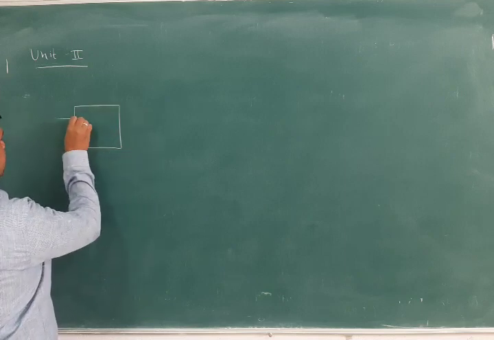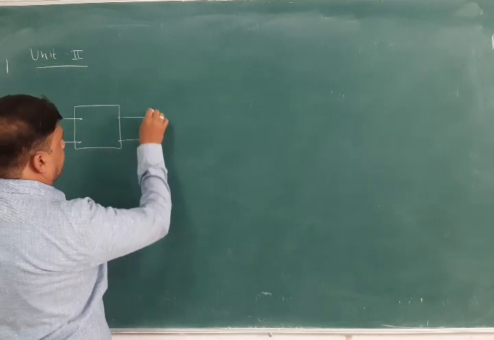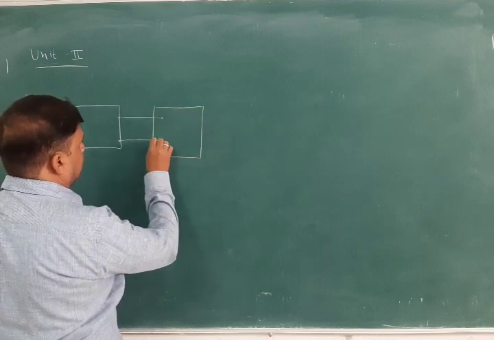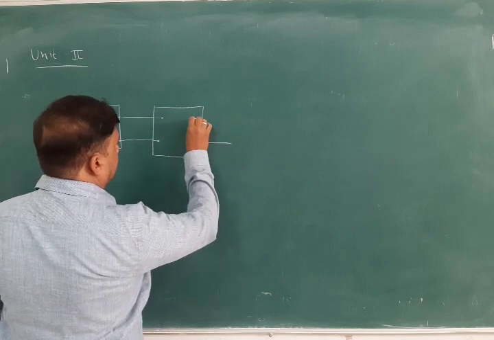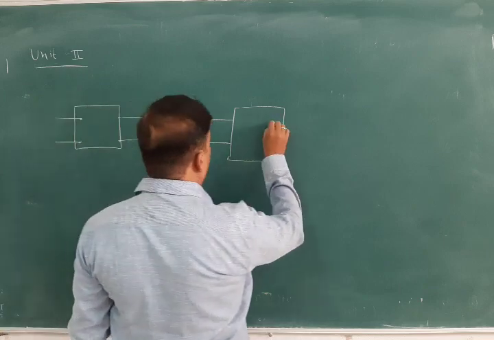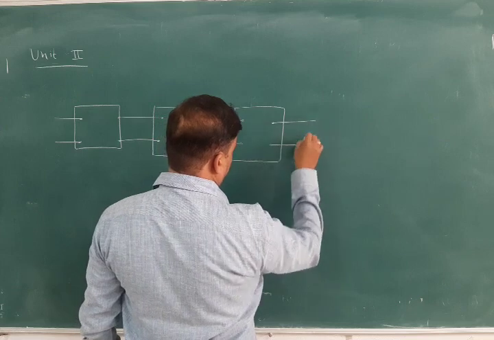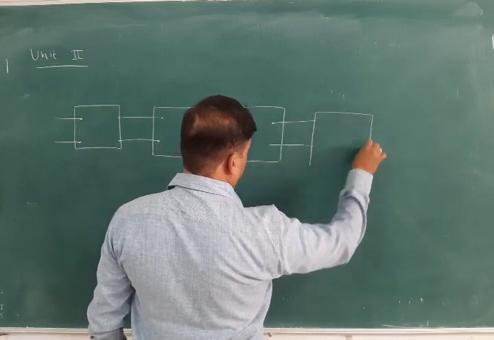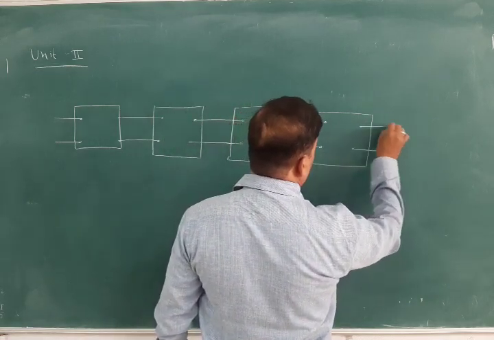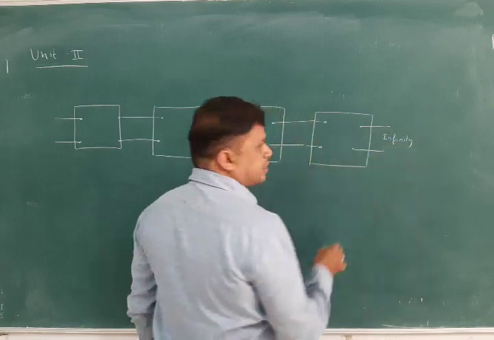Suppose this is one network and this is another network, and like this another network is also connected, up to infinity.